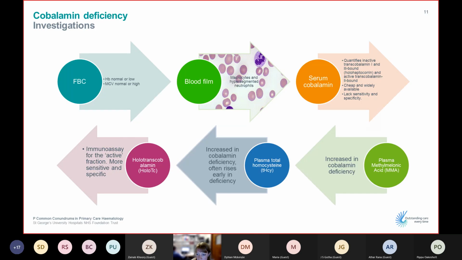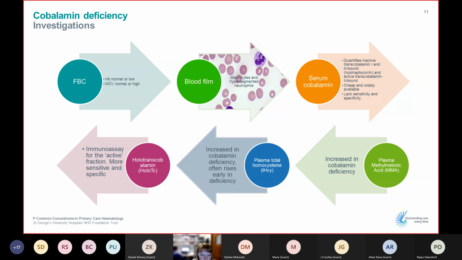So we can measure these levels. Plasma methylmalonic acid increases in B12 deficiency, and plasma total homocysteine increases in B12 deficiency. This often rises early in deficiency, so it can be a useful early marker.